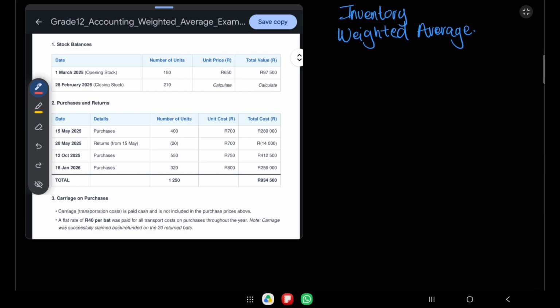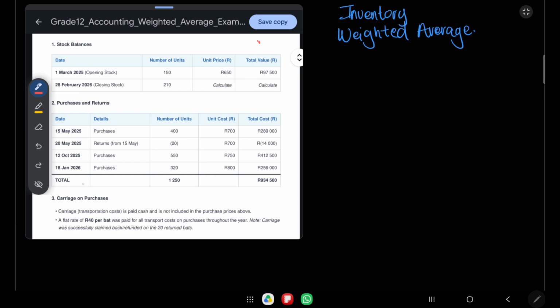I try to make a few calculations, and I notice things like returns being subtracted and so on. So when you get your question paper, don't rush to answer everything. On the 18th of January 2026, we also purchased other items, 320 units. So let's say 320 times 800. We get 256,000. So that makes sense.